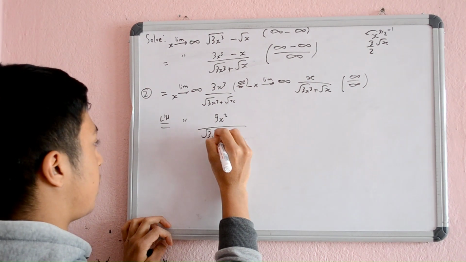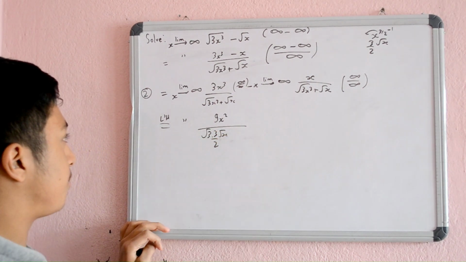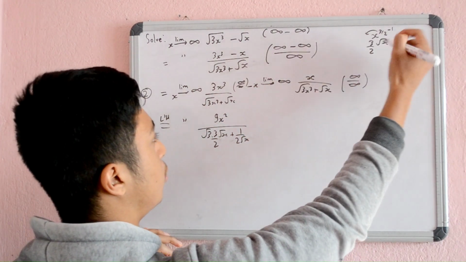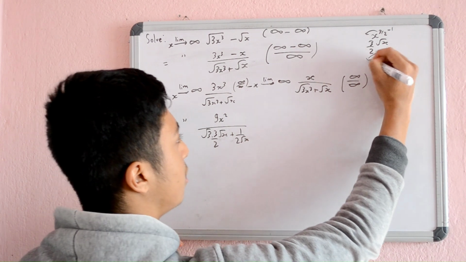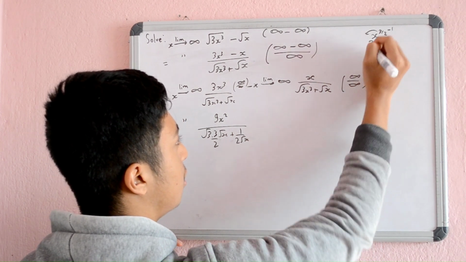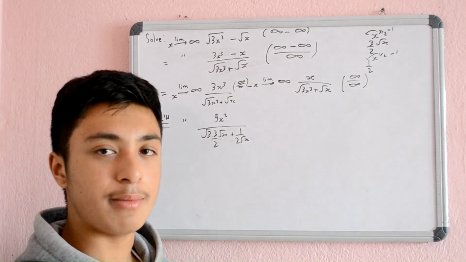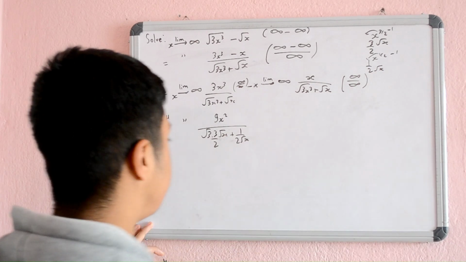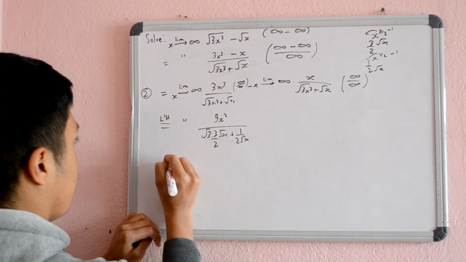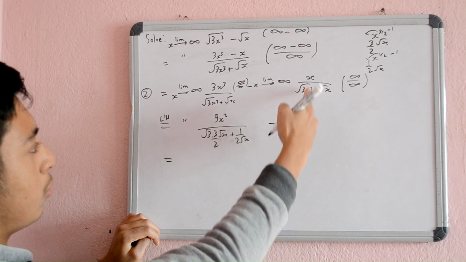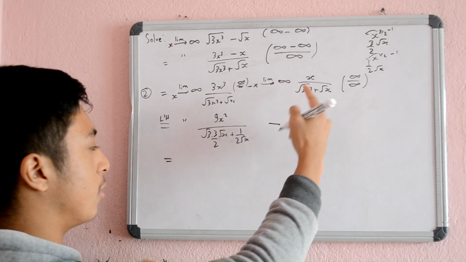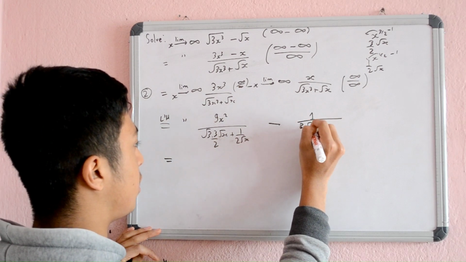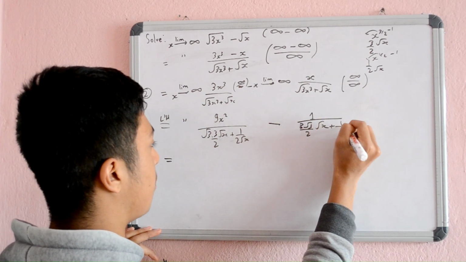So 3 into 3 by 2 root x, plus this is 1 by 2 root x, because root x we can write as x to the power 1 by 2, power comes down, minus 1, so this is 1 by 2 x to the power minus 1 by 2, which the minus comes below and becomes root x. And also right here we have to do L'Hospital's rule again. So here x is simply 1, and this is the same thing, 3 root 3 by 2 root x plus 1 by 2 root x.